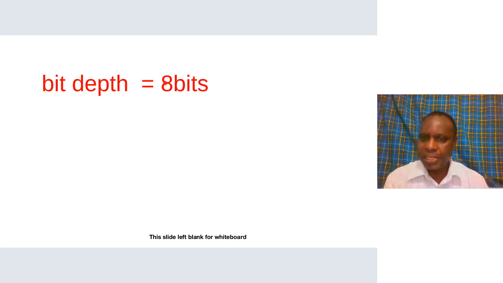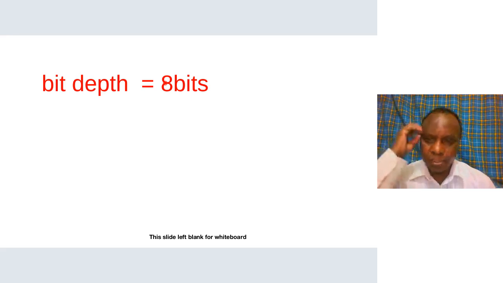Now again, towards the end we'll also be talking about the various models of developing these colors. We have models, and the most popular model is what we call the RGB model.